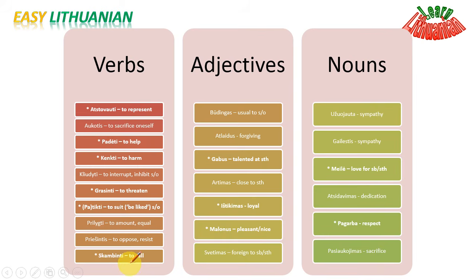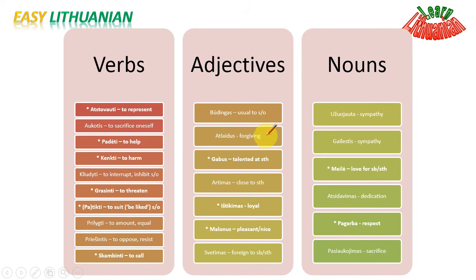Skambinti, to call. Aš tau skambinau, I have called you. Now, adjectives. Būdingas, usual to someone. This is more used in a bit intermediate Lithuanian, so I'll not say examples with these.